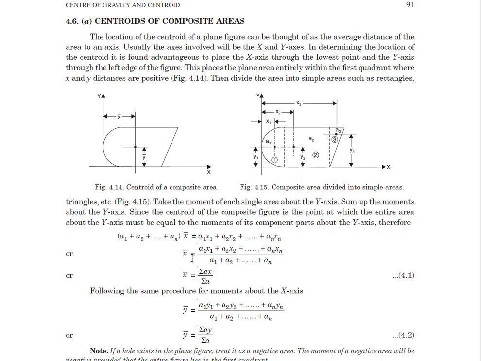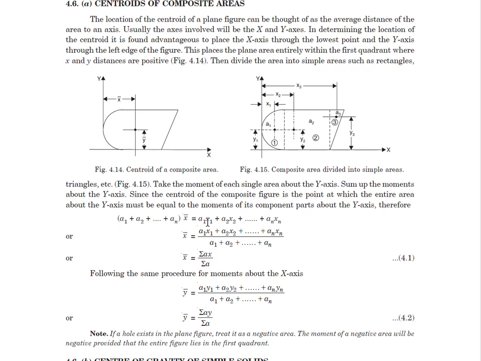A1 plus A2 plus A3 up to An, that means all the divisions that we have in the area, into x bar, which is the x location of the centroid of the composite area, is equal to A1 x1 plus A2 x2 plus A3 x3 and so on up to whatever the number of divisions that you have for this area. Because we already know the positions of x1, x2 and so on, we can easily find out x bar. And similarly for y bar, the same thing.